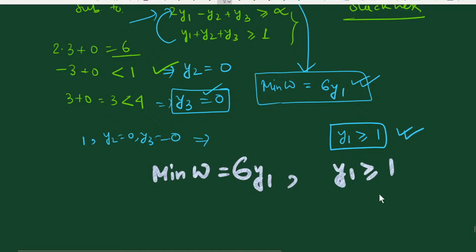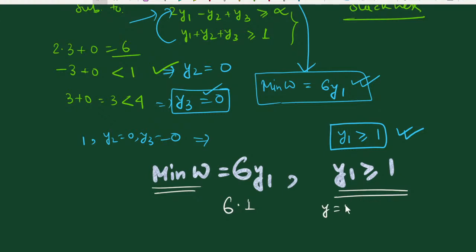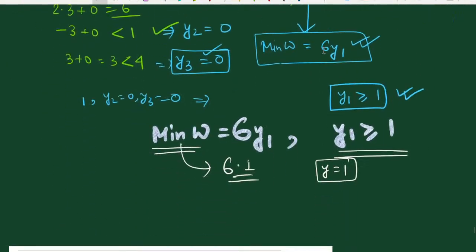So 1 is the lowest value of y1. Since y1 equal to 1 gives the minimum value, and we have to minimize this objective function, the minimum value of the dual is 6 into 1, which is 6.